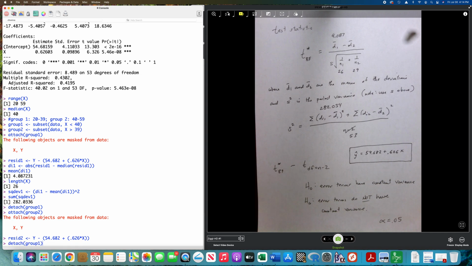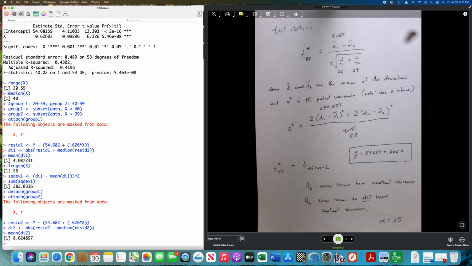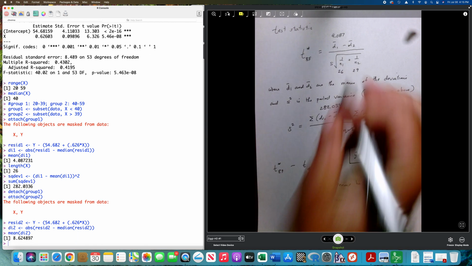And I'm going to go up and get the deviations 2. So then I'm going to need the mean of my di2s, so 8.625.